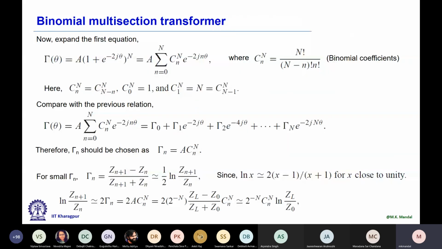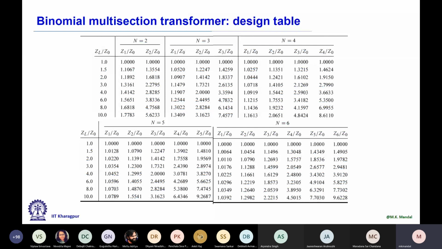Next, how to solve it? We have to use some computer program. Maybe you can use MATLAB, and then depending on capital N, you can obtain a table of the required values. Let's say Z0 is 50 ohm. Then we can obtain a chart like this. For N equal to 2, what should be Z1 by Z0, Z2 by Z0; for N equal to 3, N equal to 4, and so on. Let's say we are taking N equal to 6. How many sections do we have then?